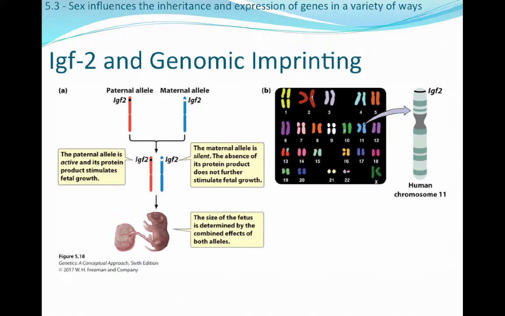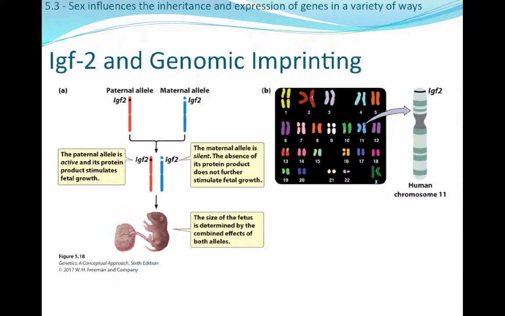This is figure 5.18. And in the first segment here, we've got a paternal allele shown in red and a maternal allele shown in blue. And each of those alleles have different copies of the IGF2 allele.